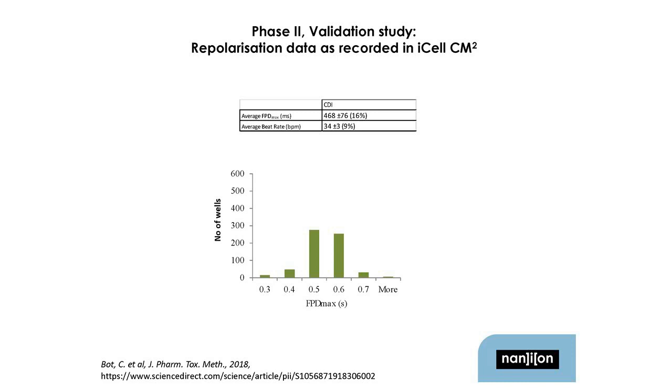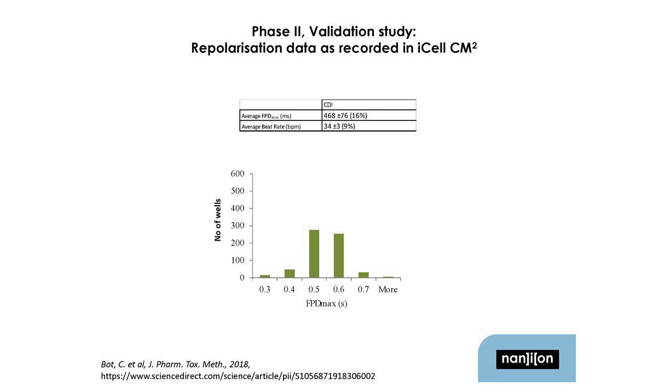Right, so these are the baseline values that we did get. We had an average field potential duration of like 468 milliseconds, and the average beat rate, across all sites here, is around 34 beats per minute.